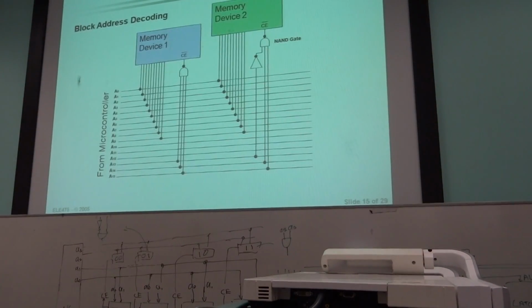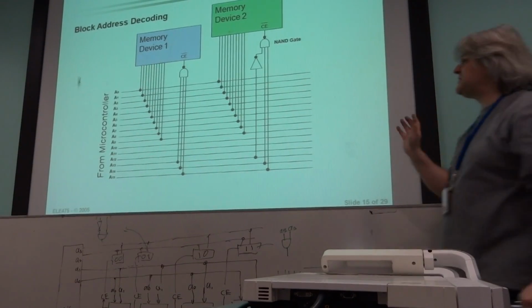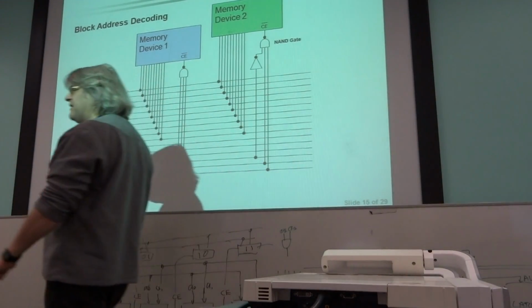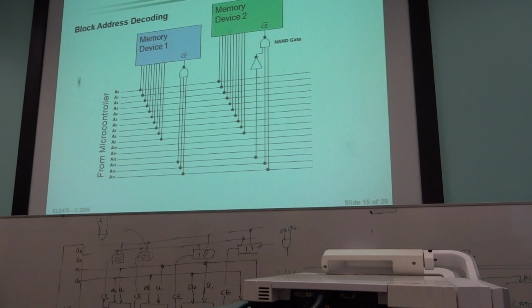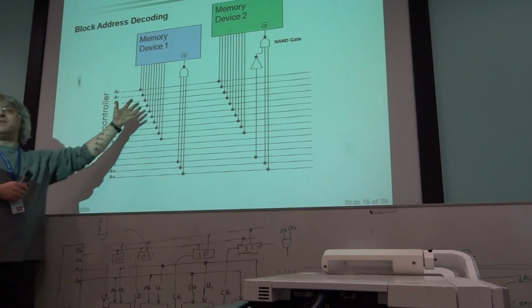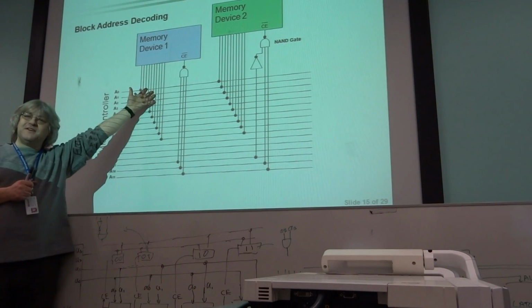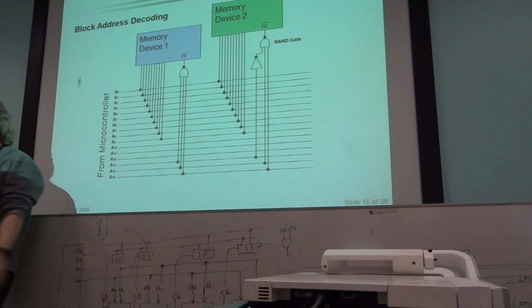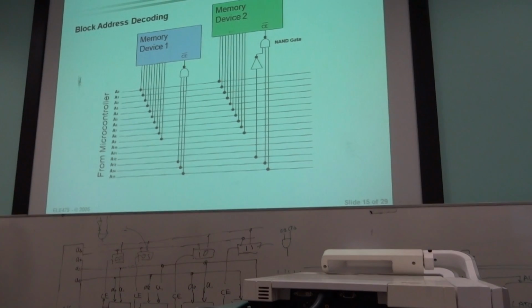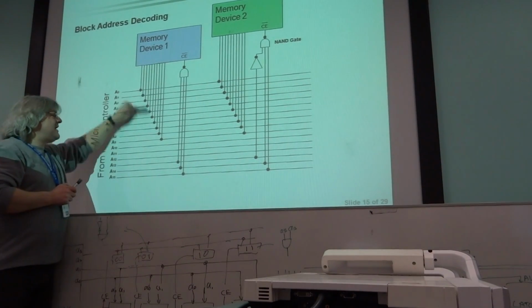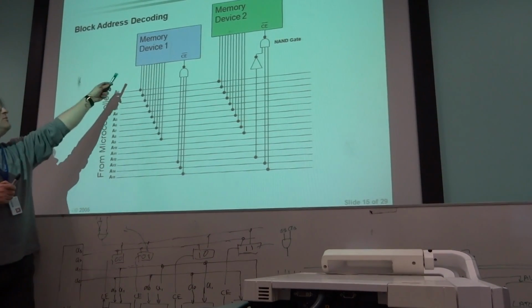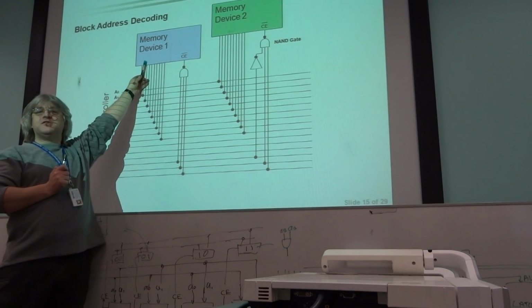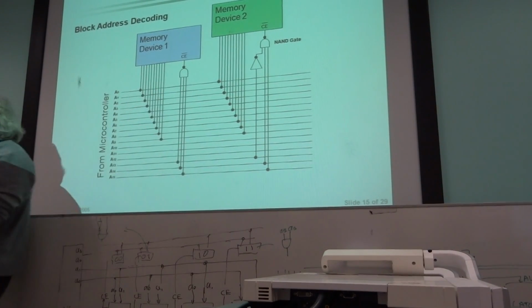Now, you can actually have a special type of partial address decoding, which we refer to as block address decoding, where it's kind of a compromise between the full address decoding and the partial address decoding I showed you before, which was the kind of minimalist approach. So in this particular case, I've still got my 10 address lines here, which are for identifying internal locations within RAM 1 and RAM 2.